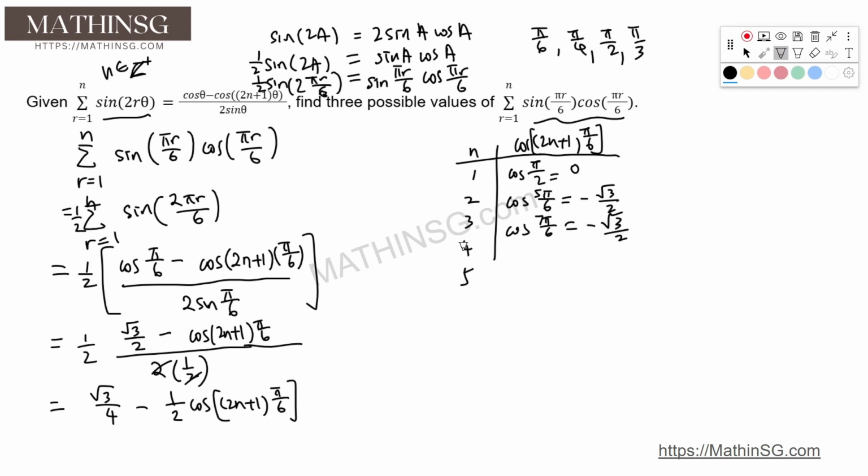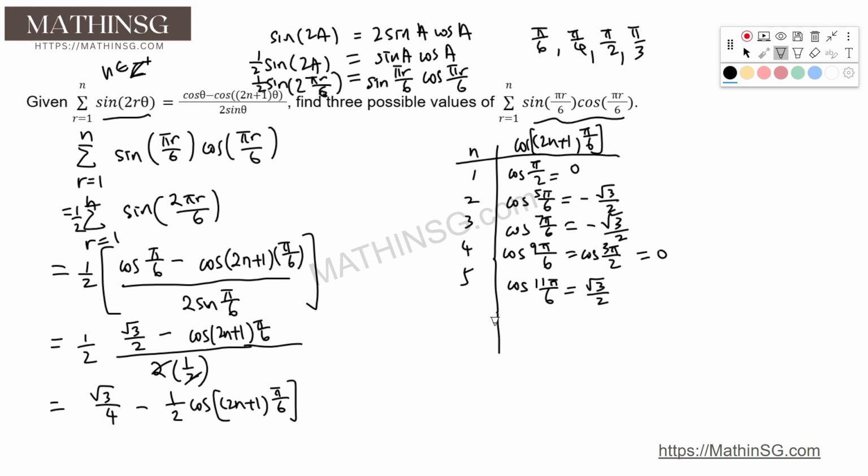Then when I put in 4, it is cosine 9π/6, which is cosine 3π/2, and that is again 0. I only have 2 values now, so let's continue until I reach the third value. When n equals 5, I have cosine 11π/6, and this will give me positive root 3 over 2.